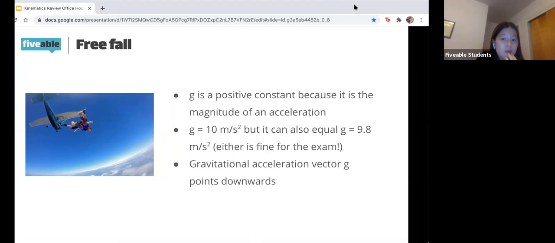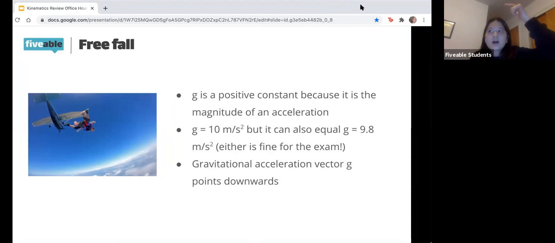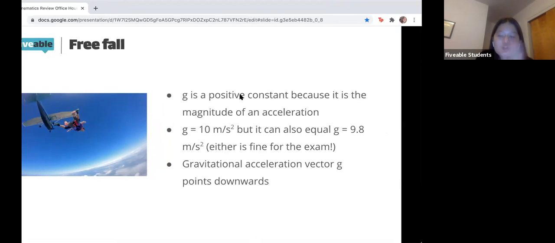Just to know, g is a positive constant because it's the magnitude of the acceleration. Sometimes if you label down as negative, you would think, oh, negative 9.81. And that is true. But right now, if we're just naming g, we call it positive. It represents the magnitude.